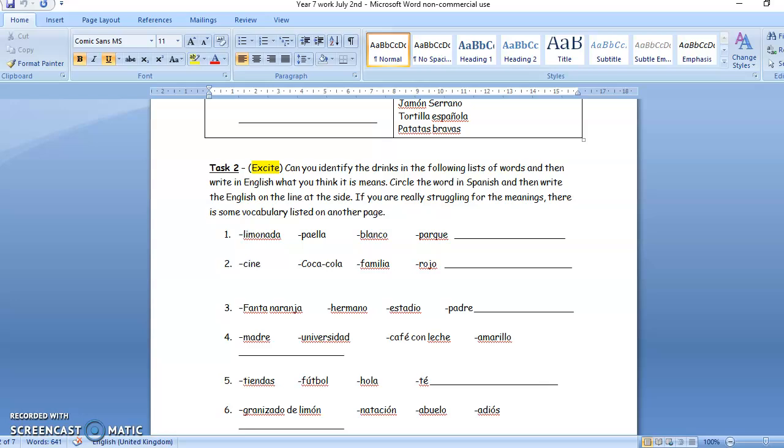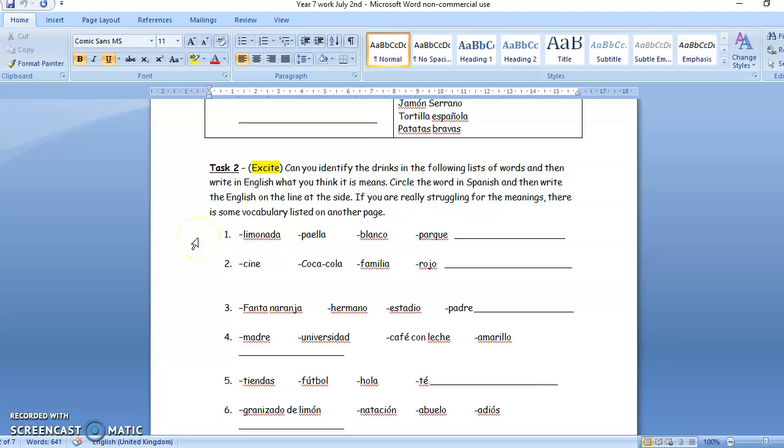So task 2 then. Within these questions here, so number 1, you've got 4 little words here in Spanish. All the words that I've included in this task are words that you will have come across before since starting Spanish in Year 7 in September.